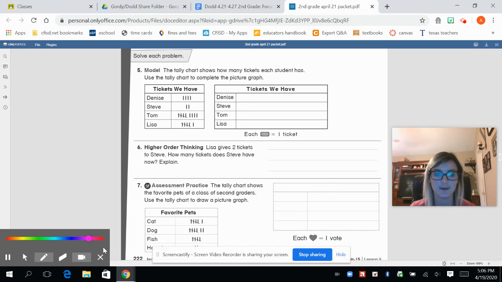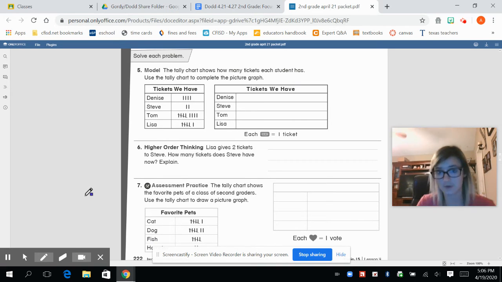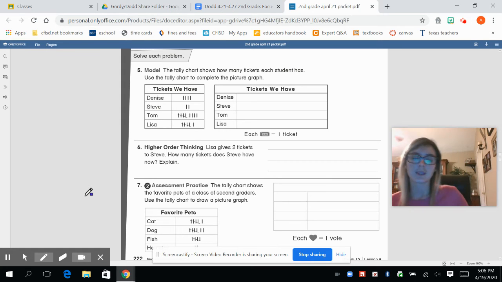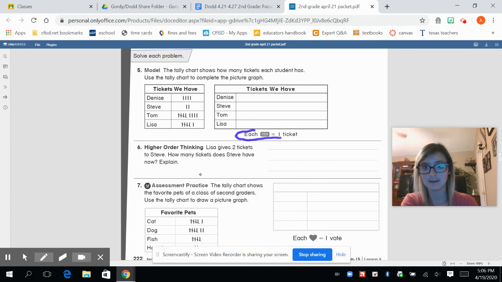All right, guys. So this graph is different from any of the other graphs we've seen, okay? So these right here are tick marks. We see down here that our key for this, we're going to create this graph ourselves, is that this little square brick is a ticket, and one of them equals 1 ticket.